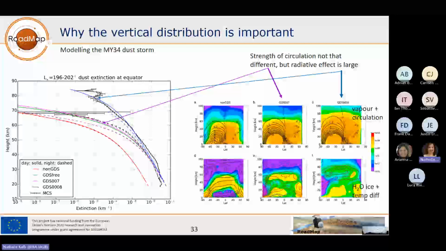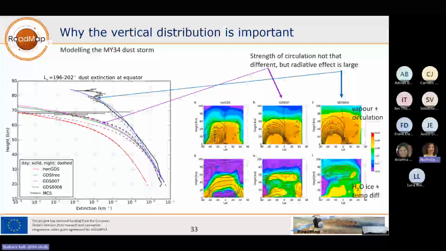But if we use the standard Conrath parameter, that's the purple one, it looks just like our free dust. It's not high enough. But you see that the strength of the circulation is much, much stronger, and the water vapor goes up a bit higher, but not high enough.